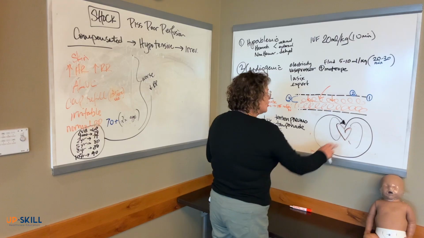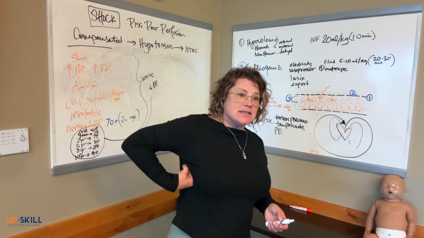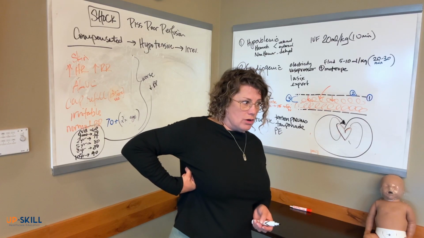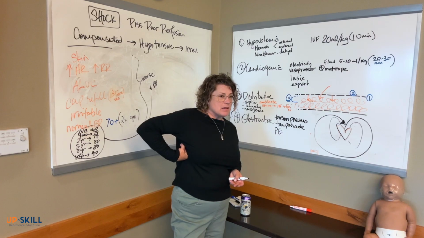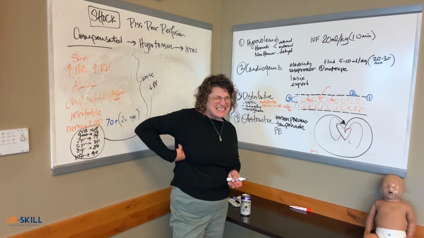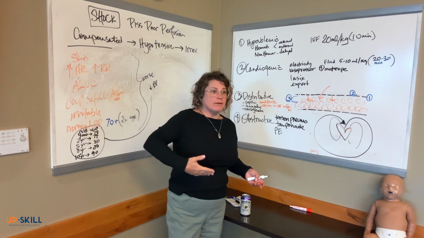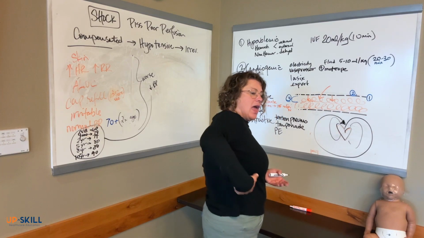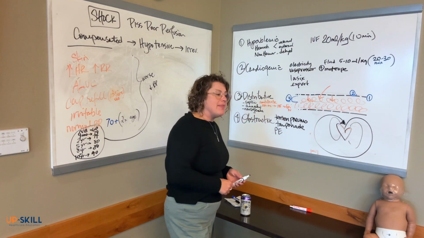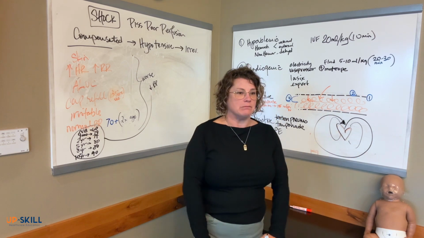In neurogenic shock, two things had to have happened. I had to have a hit to the system, a hit to the spinal cord that is around the thoracic, T6, I think it is, I'm not sure, T6 and higher, essentially the nipple line, okay? So I have a hit to the spinal system at T6 or above, and that knocks out the sympathetic nervous system from that injury and below.